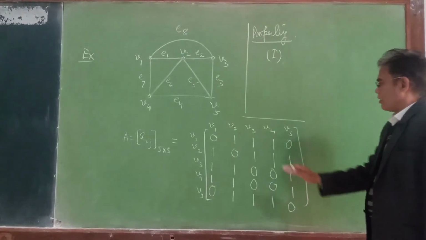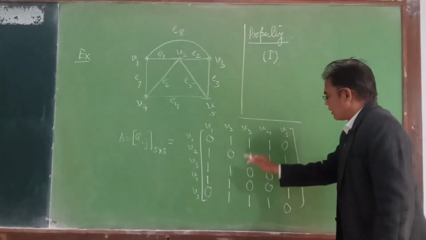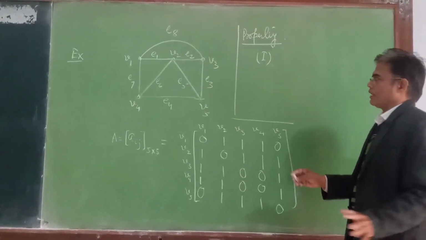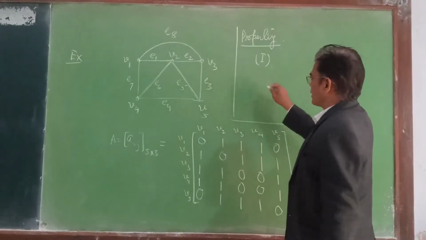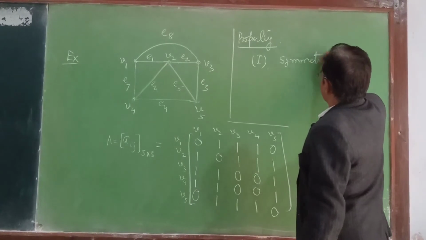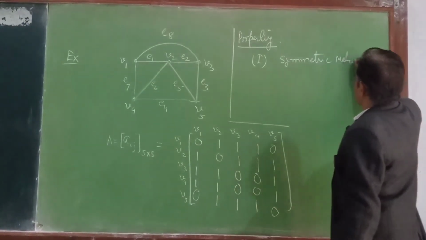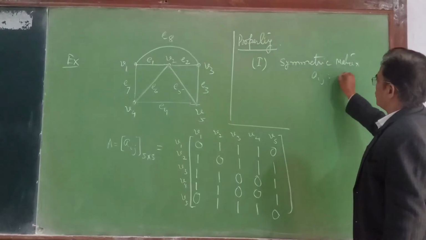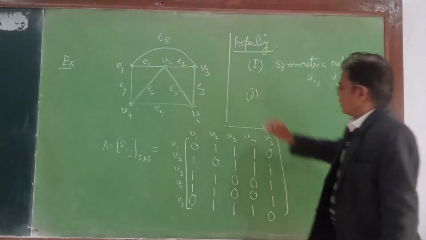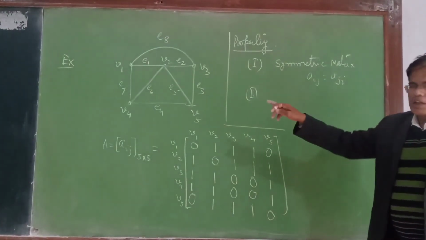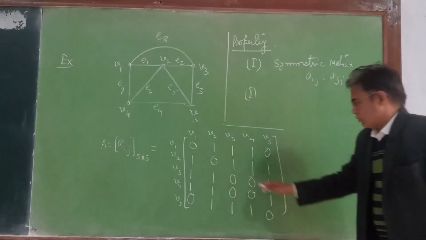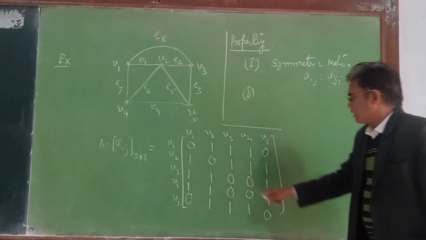Symmetric means that with respect to the diagonal, the upper and lower elements are the same, meaning Aij is equal to Aji. So the first property is that the adjacency matrix is a symmetric matrix, meaning Aij equals Aji.